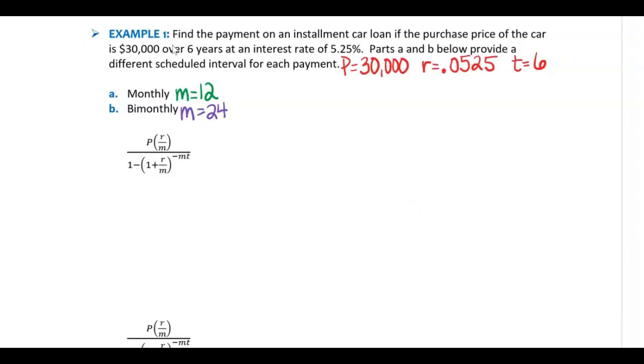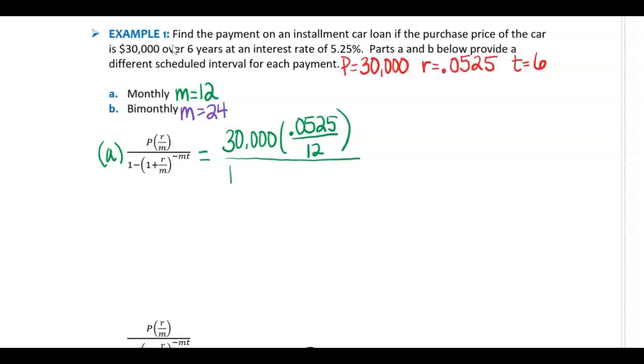So part A, for the monthly installment, we would have $30,000 for the principal times the rate of 0.0525 divided by 12 payments within a year, all divided by 1 minus the quantity 1 plus rate of 0.0525 divided by 12, all raised to the negative M, which is 12, times T, which is 6 power.